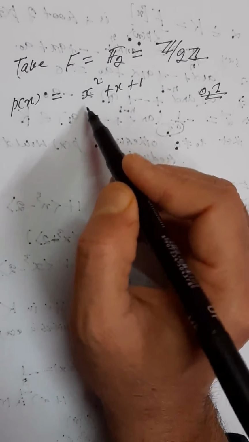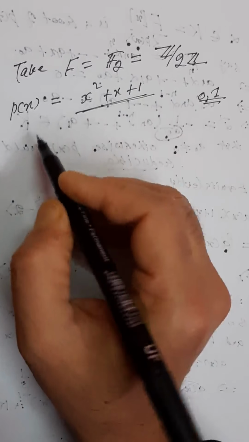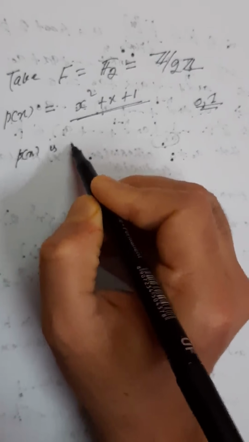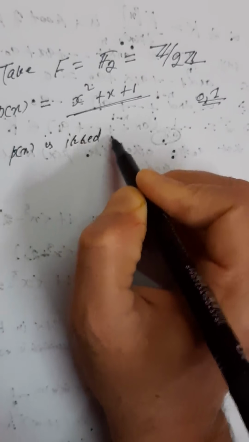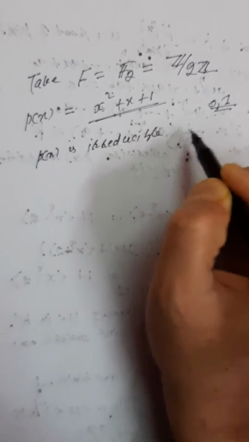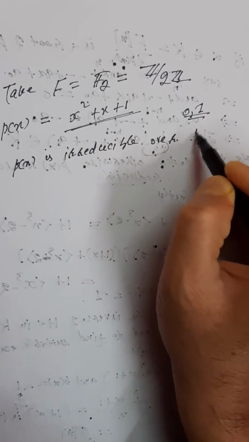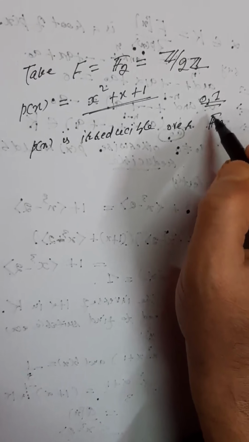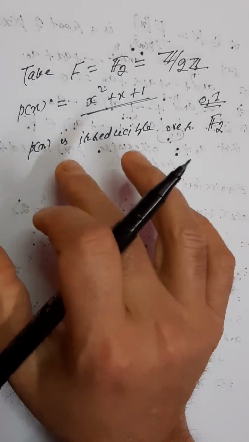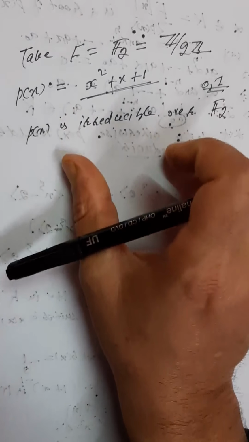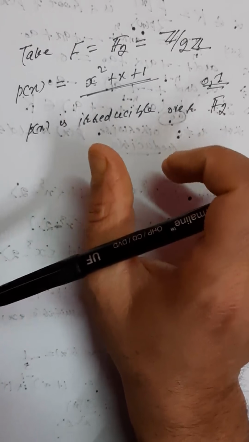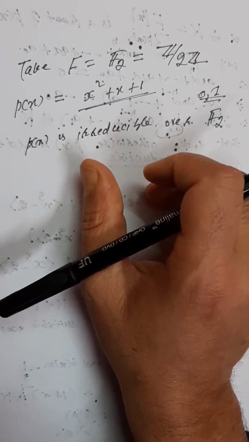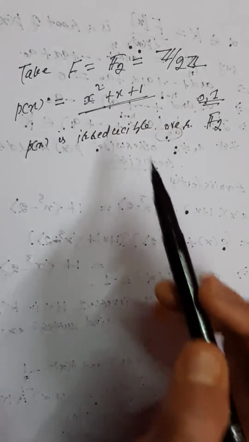Now note that this polynomial p(x) is irreducible over F2, as it has no root in F2. We have a criterion of irreducibility for polynomials of degree 2 and 3. A polynomial of degree 2 or 3 is reducible if and only if it has a root.